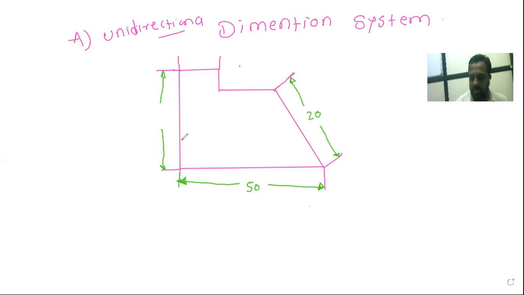And for this again we break down the dimension line, and in between we do the dimension. If in this manner we have given the dimensions to this drawing, this system is called the unidirectional dimension system.